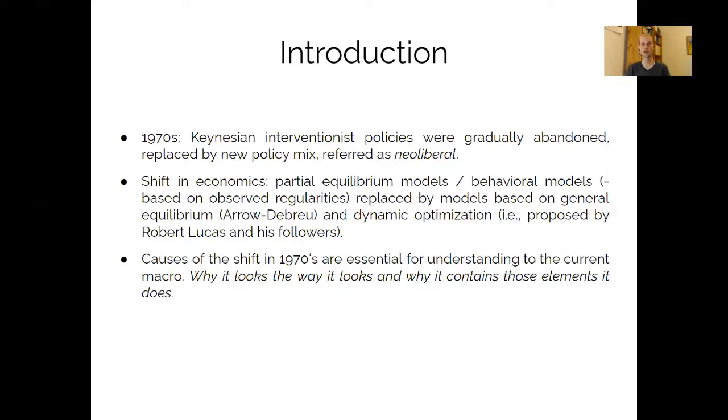Consider, for example, the IS-LM model. The IS curve is about an equilibrium on the goods market, while the LM curve is about the equilibrium on the money market. Those equilibria are supposed to be achieved individually, and then it is calculated where the equilibrium of both markets simultaneously is, which is then supposed to be the equilibrium of the overall economy.